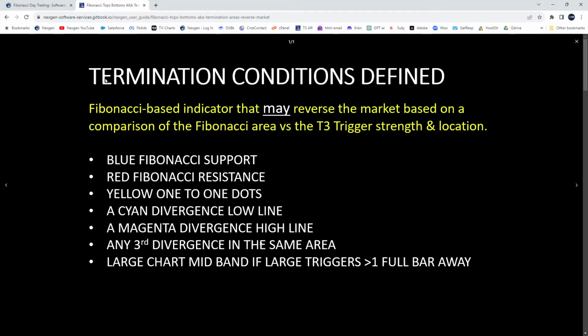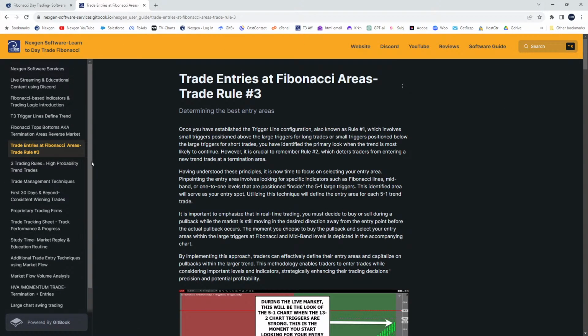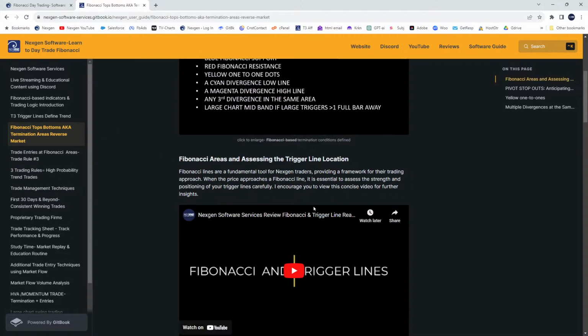And right now we're at a termination area, but we don't have any conditions yet that tell us that the area is actually going to hold. Does that make sense? So we're kind of waiting for things to roll over at that spot. And basically what we're going to be looking for, in short version, is we're going to be looking for a top or a bottom to hold, right?